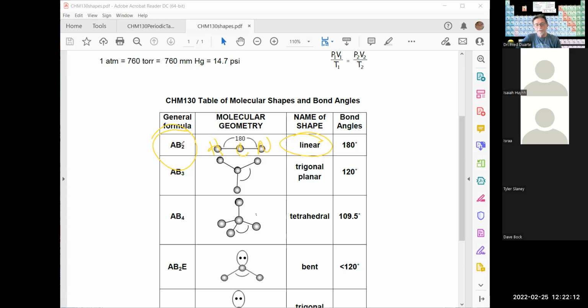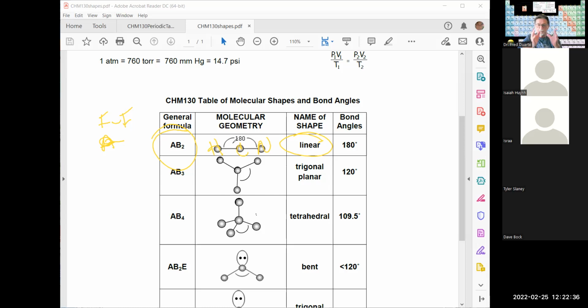In fact, anybody with the AB2, or for that matter, if you have something that's just two atoms, like a diatomic, let's say fluorine, diatomic, guess what? It's linear. They got two atoms, whether it be the same or different. You cannot have any other geometry than just linear, okay?